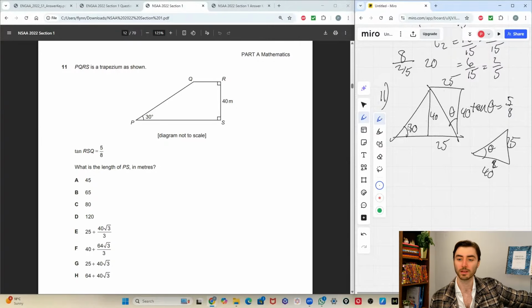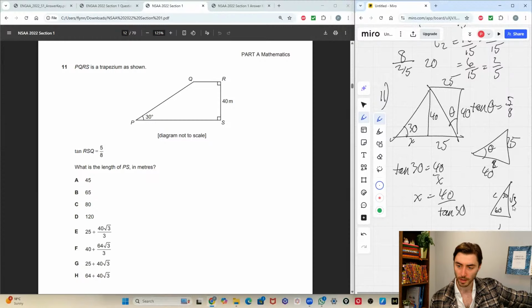There we go. Okay, so, and then we have here tan 30 is 40 over, let's call this x. So x is 40 over tan 30. Now I'll use my special triangle. 1, 2, root 3. So tan 30 is 1 over root 3. So that becomes 40 root 3 plus the 25 is g. Split time.